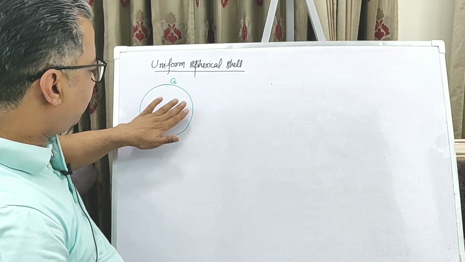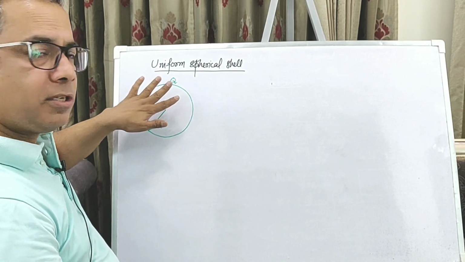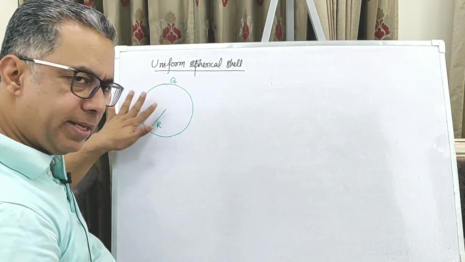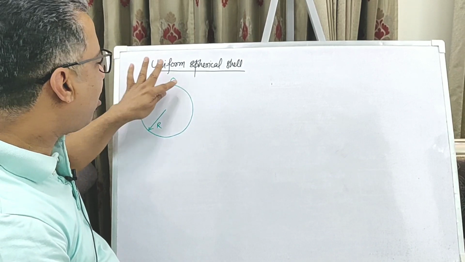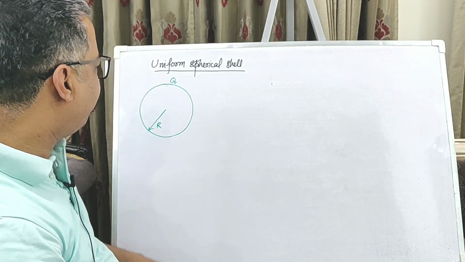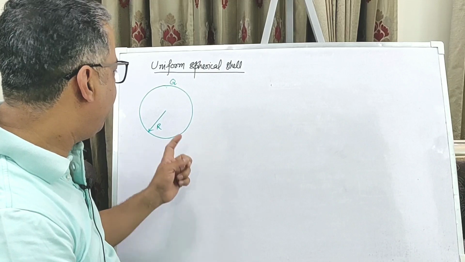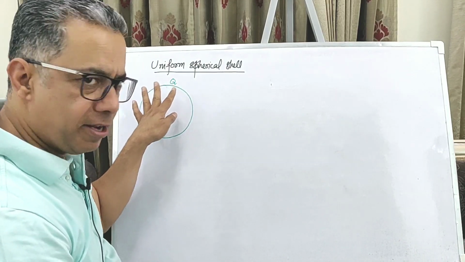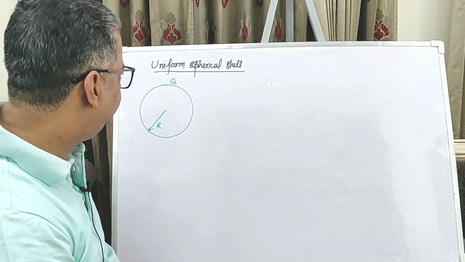There is no charge inside. Doesn't matter whether inside has a material in there or not. The charge resides entirely on the surface. No charge is there inside this shell here.